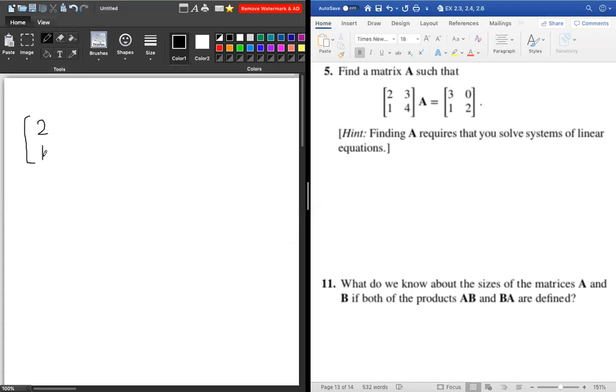So we have this matrix 2, 1, 3, 4 here. We are supposed to multiply this with A such that the answer is 3, 1, 0, 2.